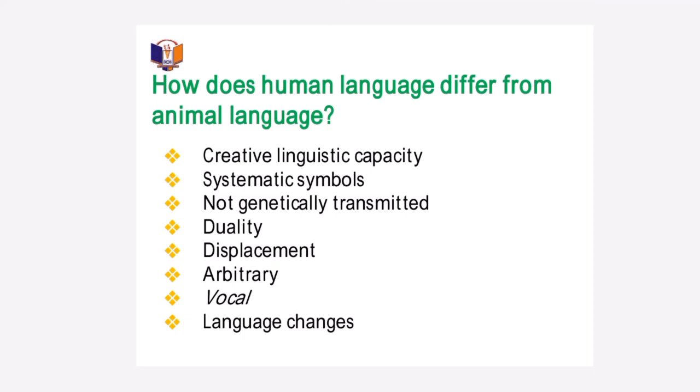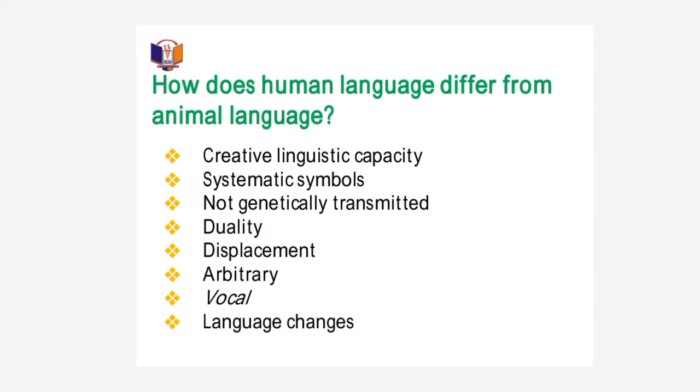Communication. Now, how does human language differ from animal language? Because we know that, yes, animals do communicate, but in their own different way. They don't use systematic coding as we use. Why do we say that they don't? Because there are some attributes of human language which is not in any way likened to what is obtainable for the animals. For instance, human language is creative.